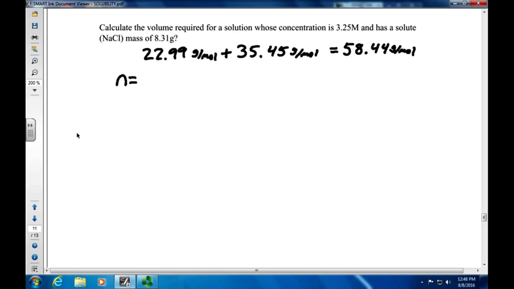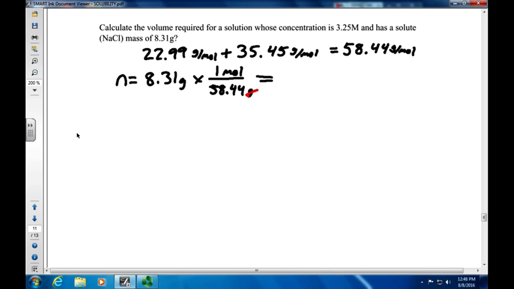So, we have 8.31 grams. Start with your given, and then multiply it by 1 mole over 58.44 grams. Simply a manipulation of the molecular mass.